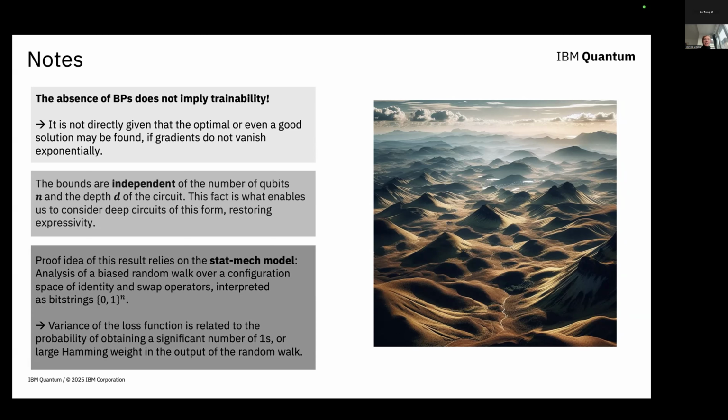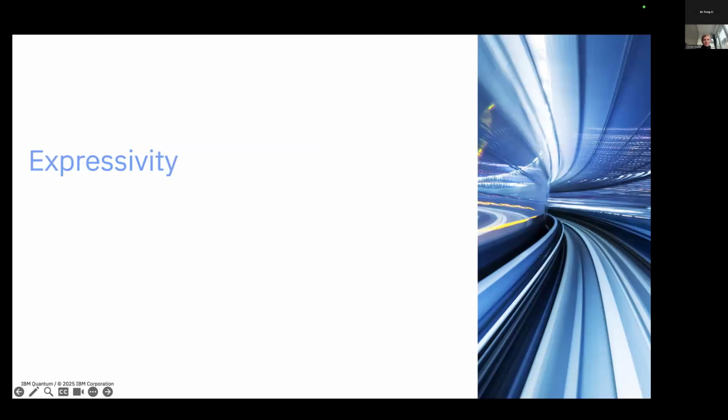Basically, eventually we can count the significant number of ones at large Hamming weight distances. But so far so good. For more information, please refer to the paper that I've shown before.